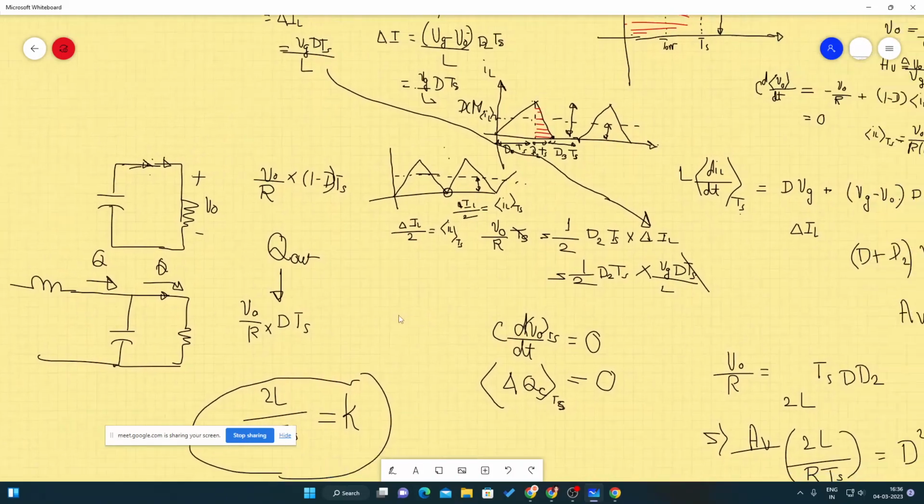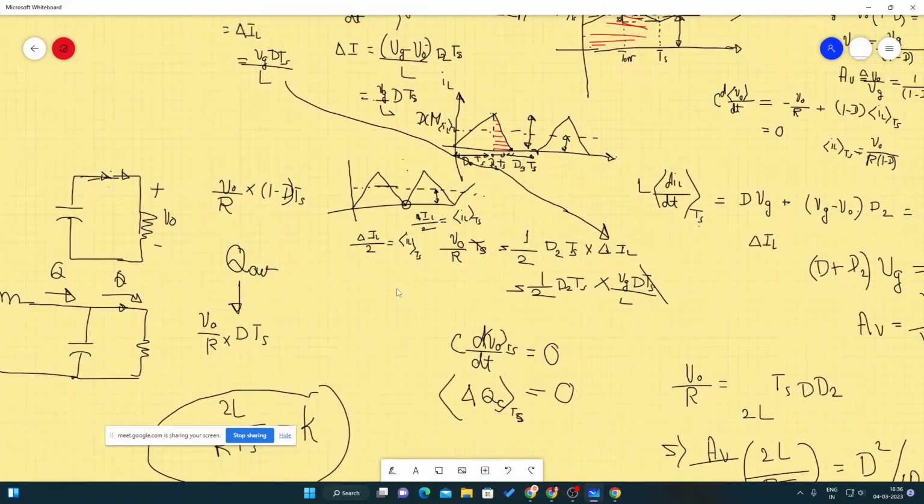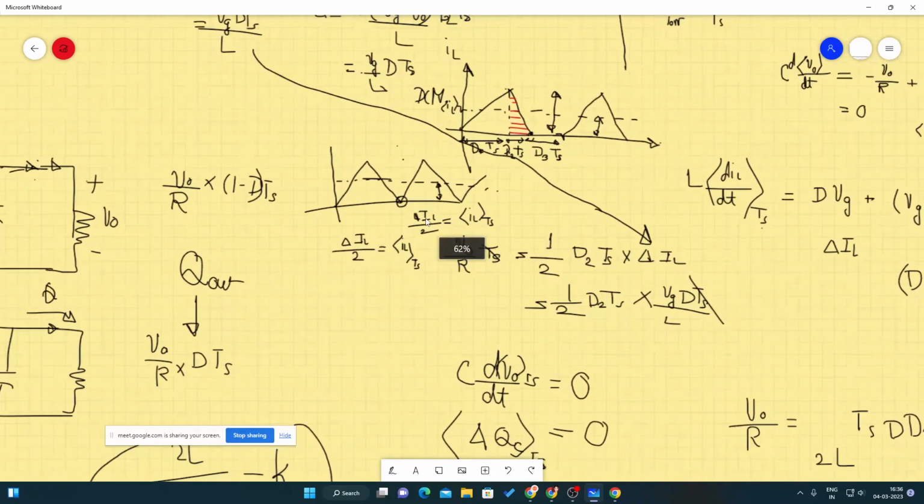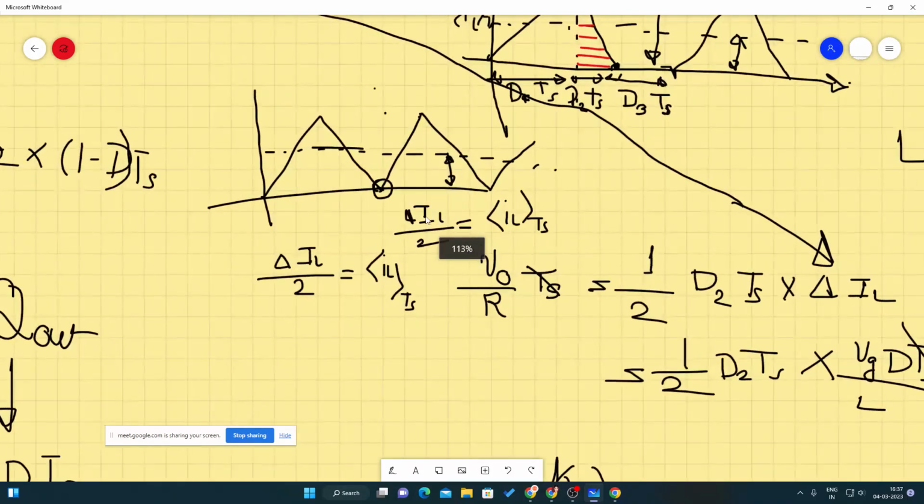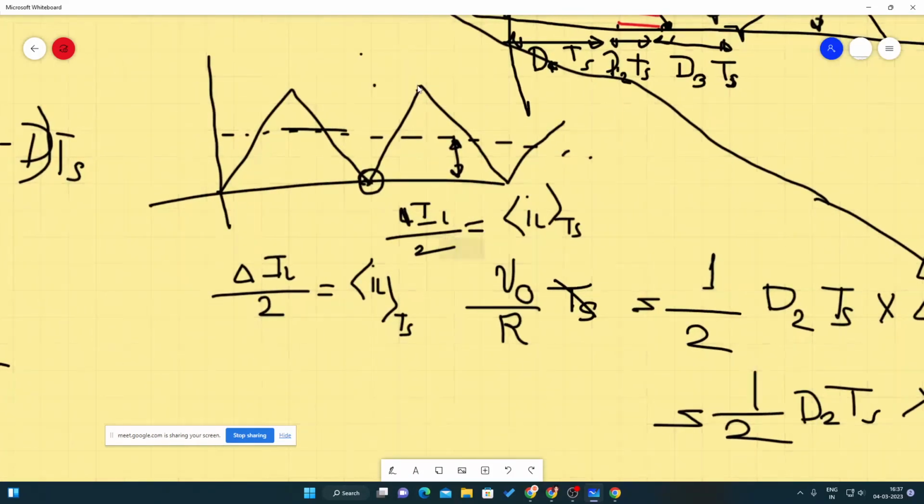Sir, in this, the peak of this triangular is del IL. The peak to peak ripple is del IL, and the time period is TS. So now the area under this is half into del IL into TS.